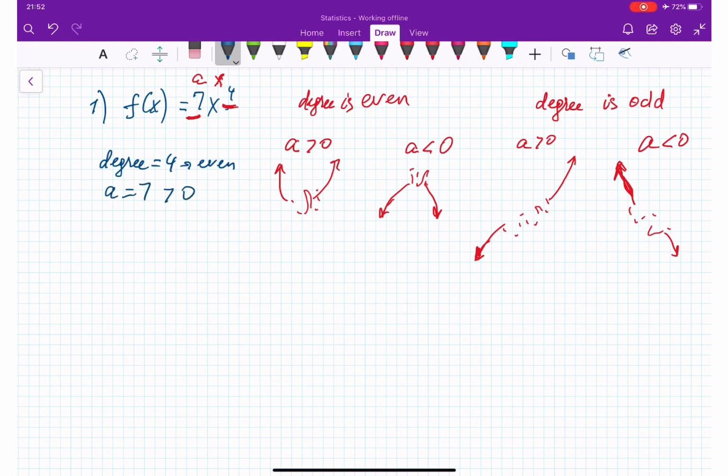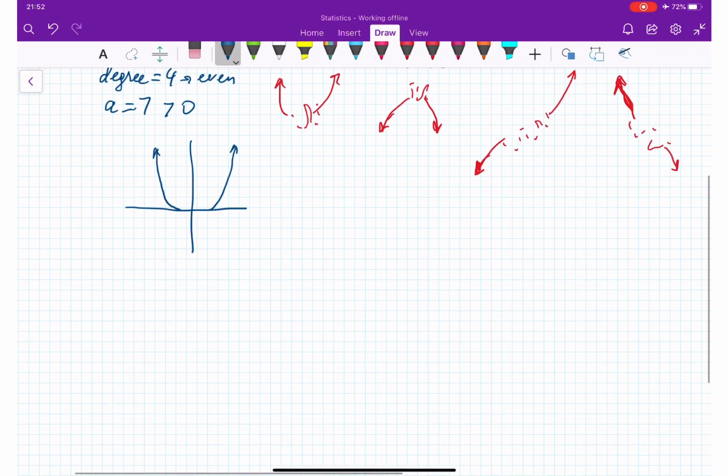So it's going to be this case, right? Which means the graph is going to look like this. Both endings are going up.